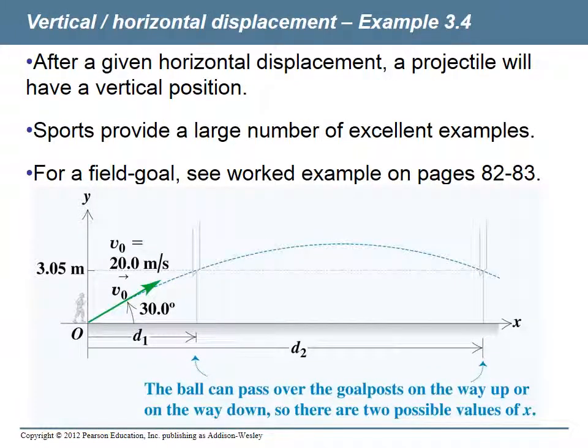This is a very good example here, 3.4, which we'll do in class. But you see that after a given horizontal displacement, a projectile is going to have a vertical position.